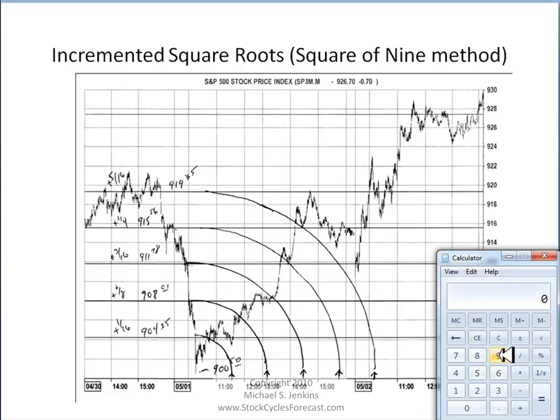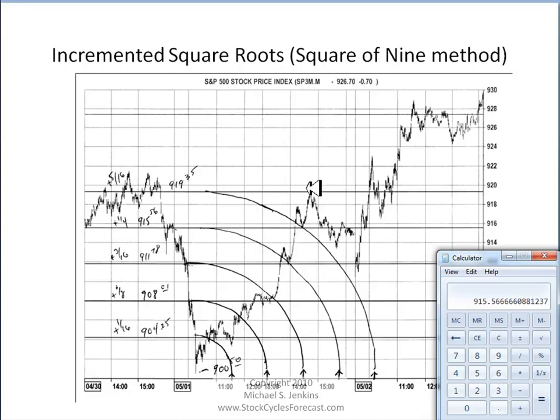If we took our low of 900.50 and we just take a square root, and now we want to add to that, let's say 1/4, which is 0.25 equals, so now we want to re-square that times itself, and that gives us our 915.56, being the square root of the low plus 1/4.